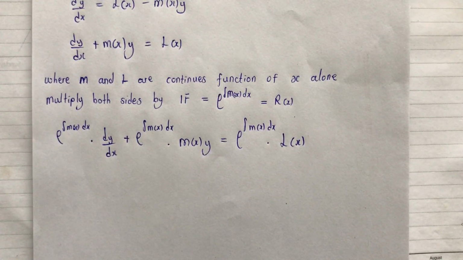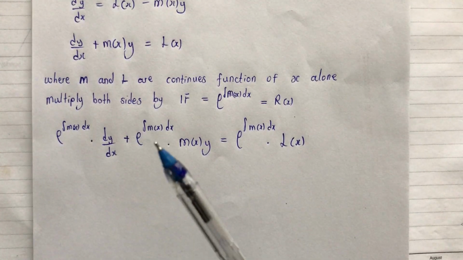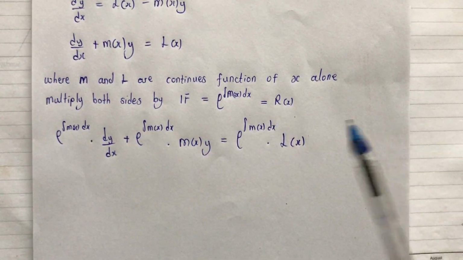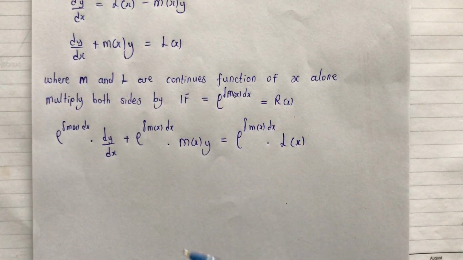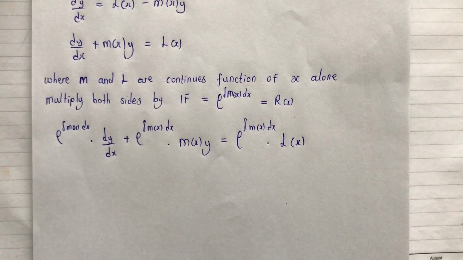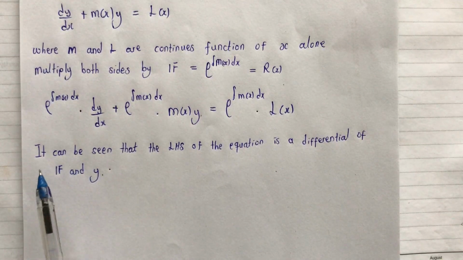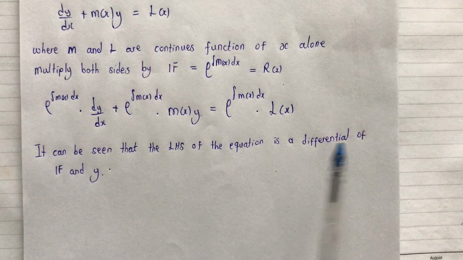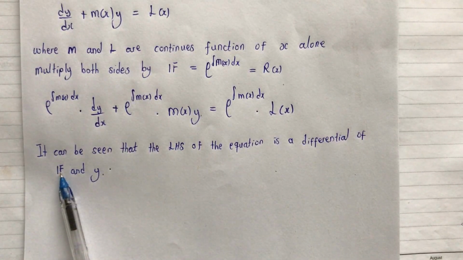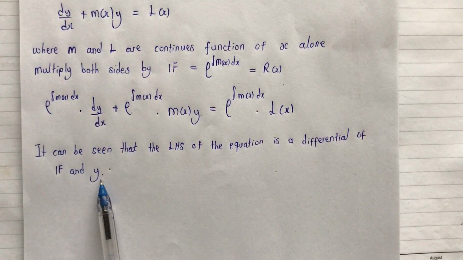I've already explained that in that video. So we write a statement that it can be seen that the left-hand side of the equation is a differential of the integrating factor IF and the variable y.